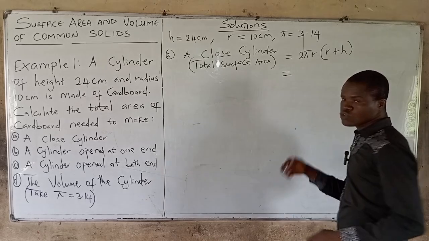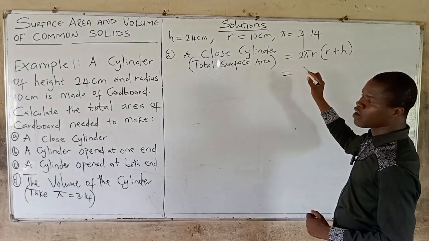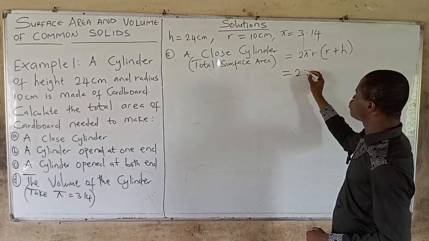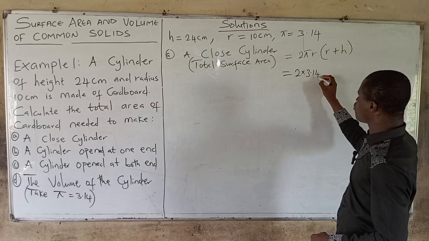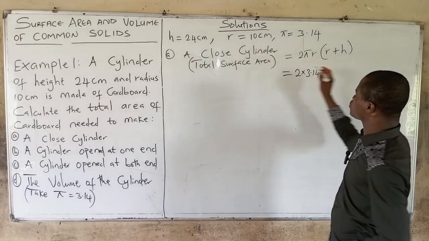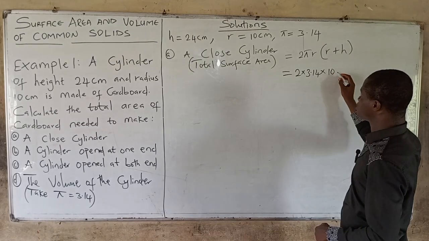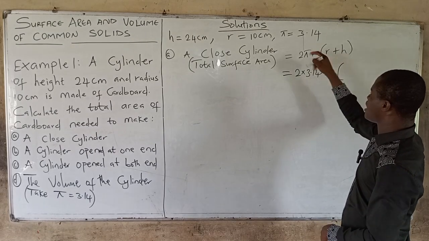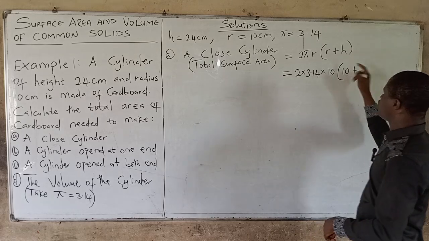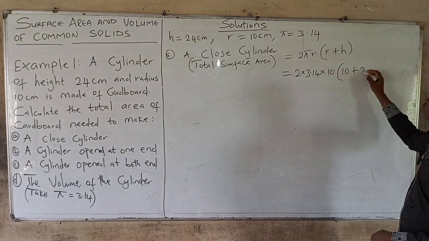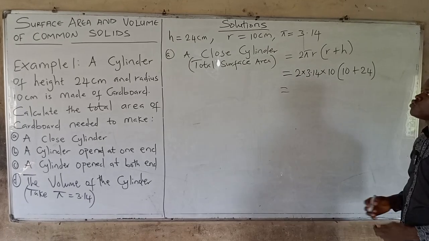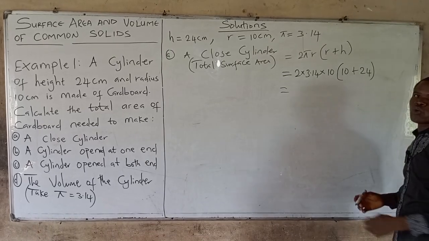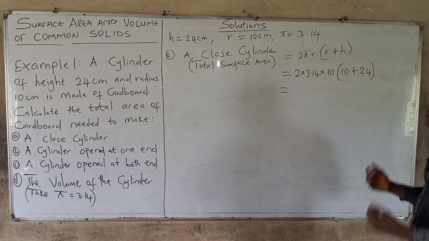So this is equal to, let's substitute the values accurately. 2 times pi is what? 3.14 times r is what? 10 centimeter. Then in bracket, r is what? 10 plus h is what? 24. So this is equal to 2 times 3.14 will give us 6.28.